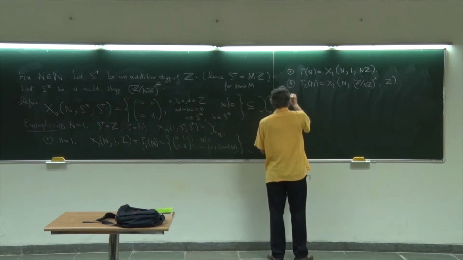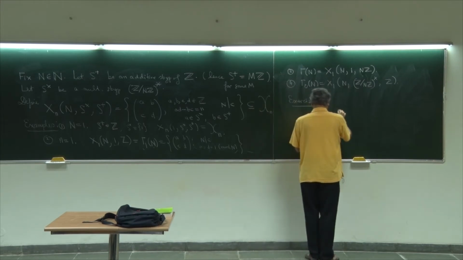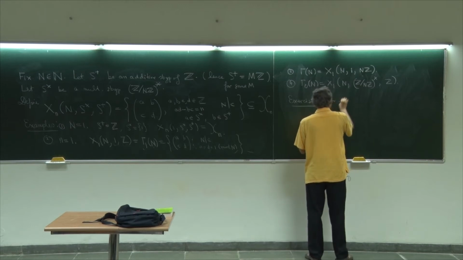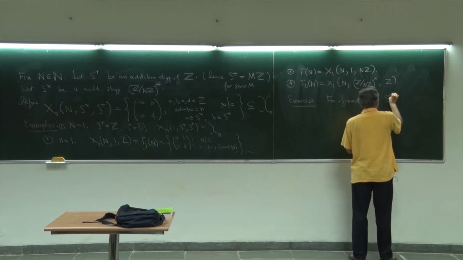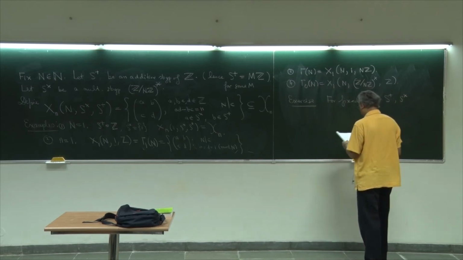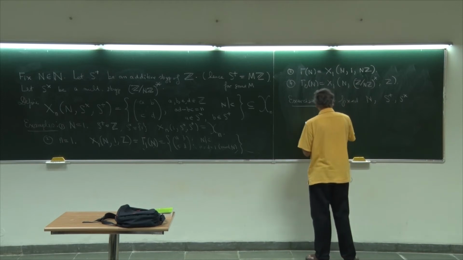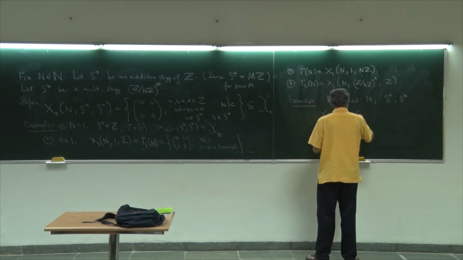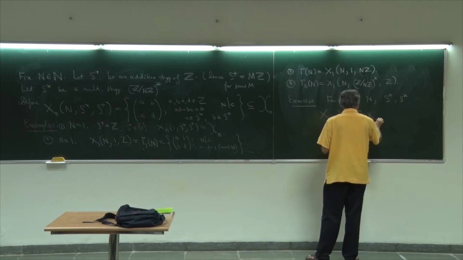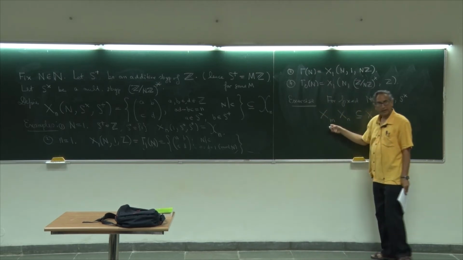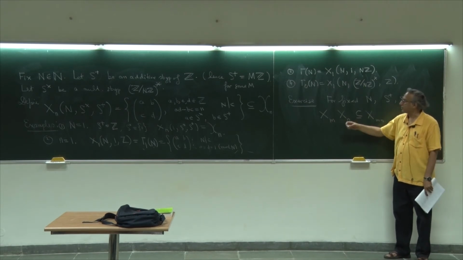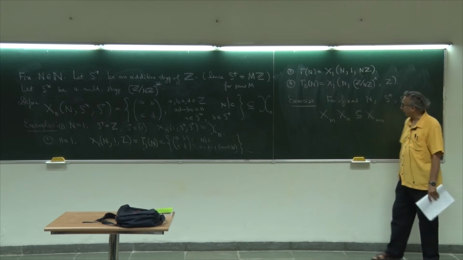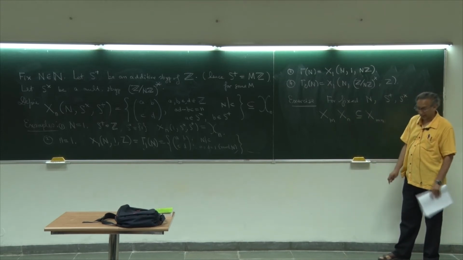I'll also leave as an exercise that for fixed S^+ and S^×, X_m X_n is of course contained in X_mn. Clearly this has determinant m, this has determinant n, therefore the product will have determinant mn. That's okay, but then you have to check all those silly conditions are satisfied. It's just matrix multiplication. I'll leave it to you to check that.